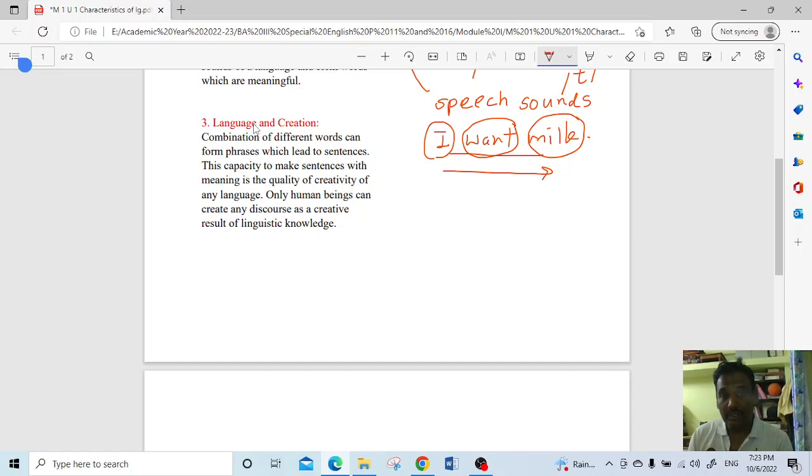So he does not learn it through any grammatical book, but himself begins to create these sentences.